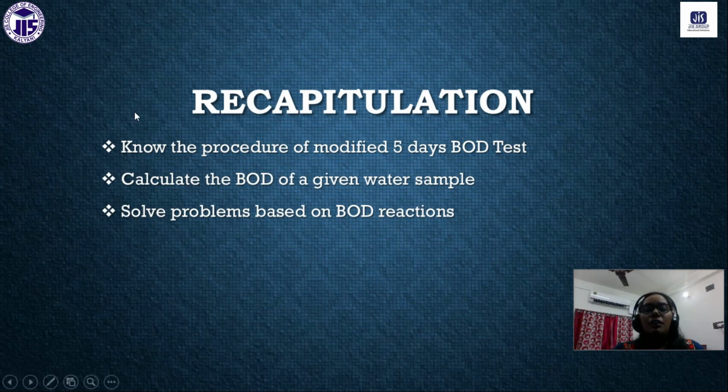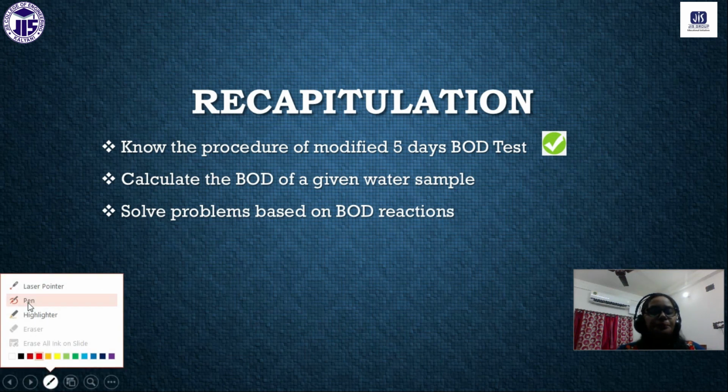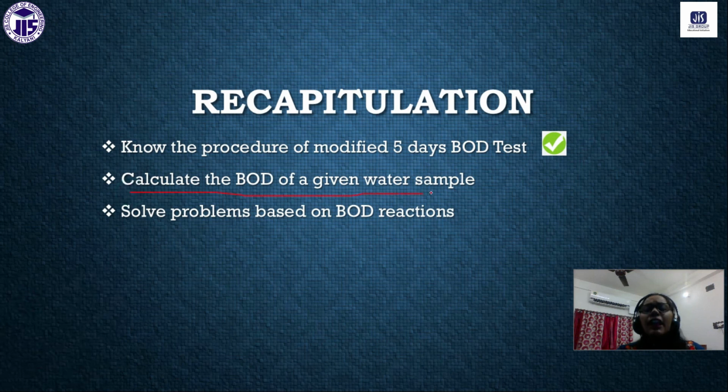Now you know the procedure of the modified 5 days BOD test. Understand? Yes, checked. Okay, next, now you can calculate the BOD of a given water sample.